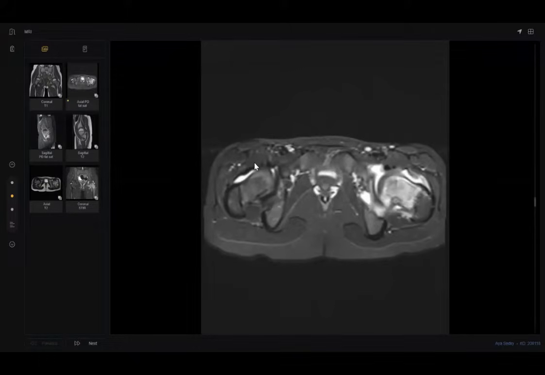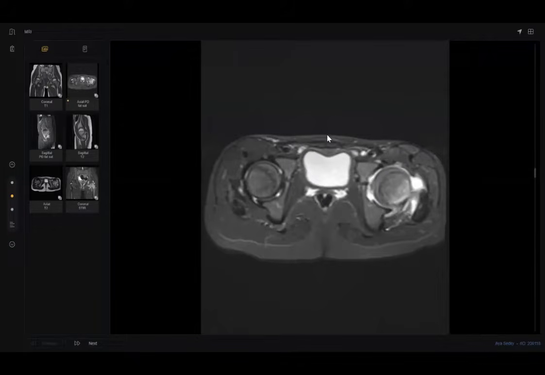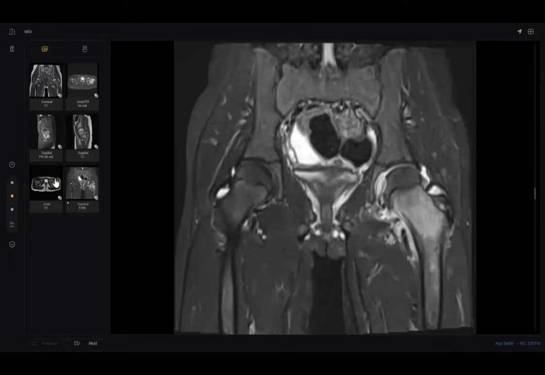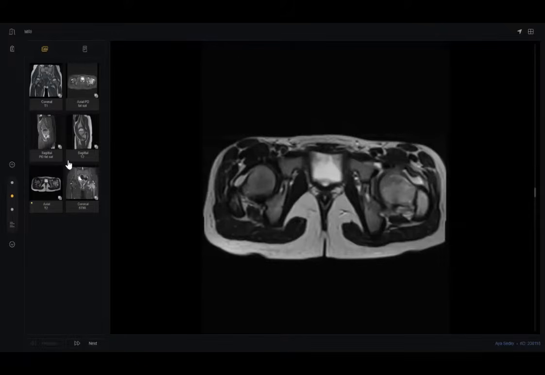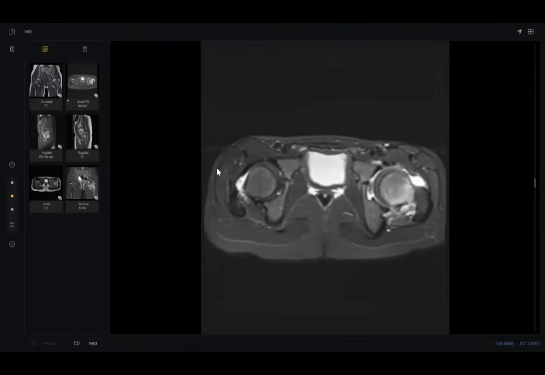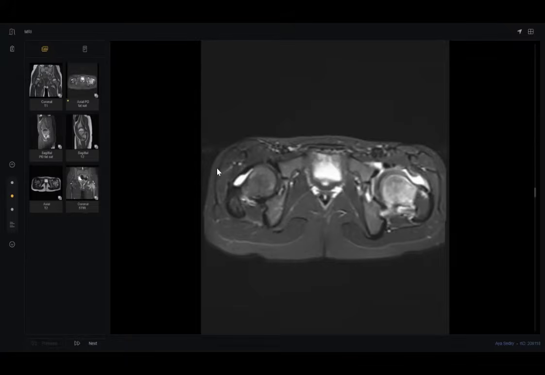Most of us will miss it, and then we will talk about the effusion and edema, and then ask for coronal, other coronal, T1, and the answer is here. And it is not good to ask again for a sequence that you finished. I think you will not be courageous enough to ask it again.